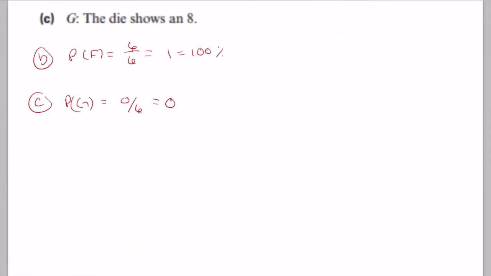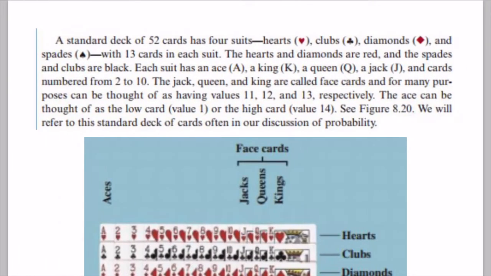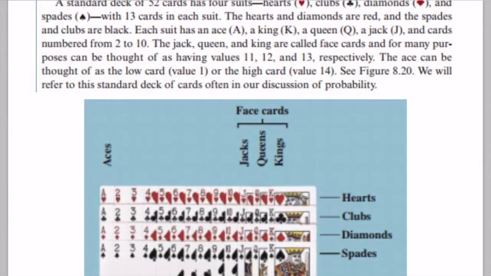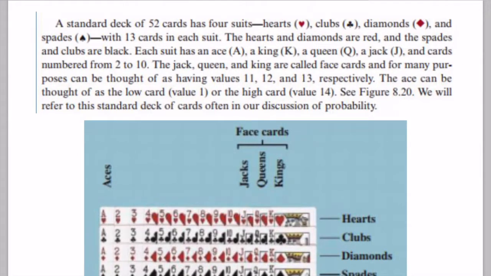Now, please take a minute to pause the video, read all of this, and understand. Please. So I'm going to read it right now, but take your time and read it. A standard deck of 52 cards has 4 suits: hearts, clubs, diamonds, and spades, with 13 cards in each suit. The hearts and diamonds are red, the spades and clubs are black. Each suit has an ace, a king, queen, jack, and cards numbered from 2 to 10.